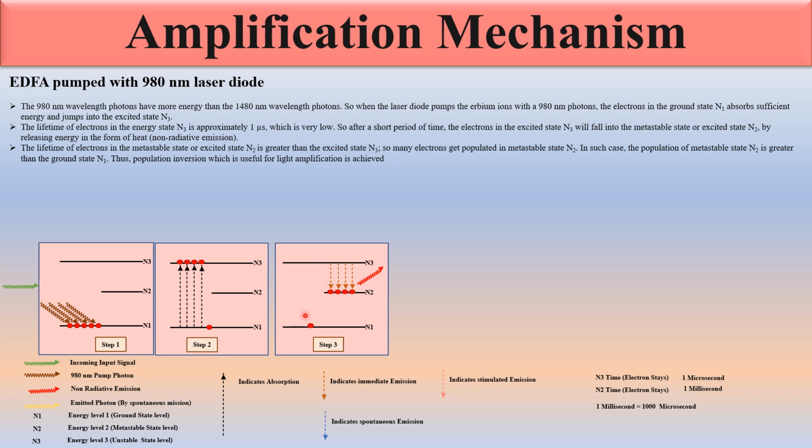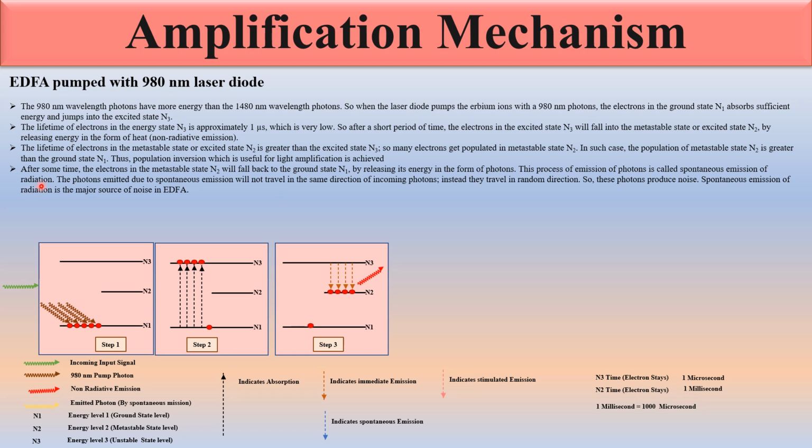So electrons move quickly from N1 to N3 and from N3 to N2 and collect in N2, and this state is responsible for the population inversion. In such a case, the population of the metastable state N2 is greater than that of N1. This condition is called population inversion, when the number of electrons in the higher energy state is greater than in the lower energy state, and this is very important for the amplification process.